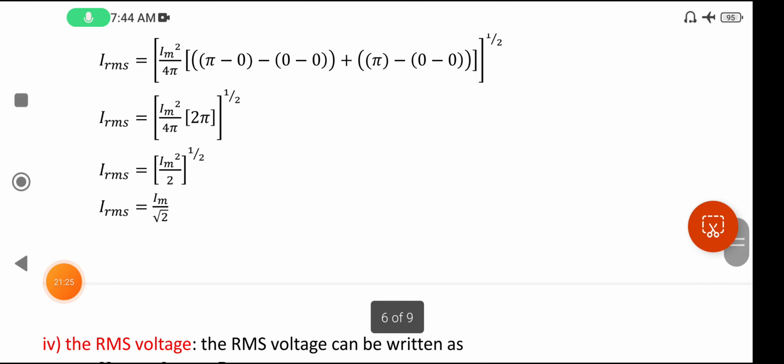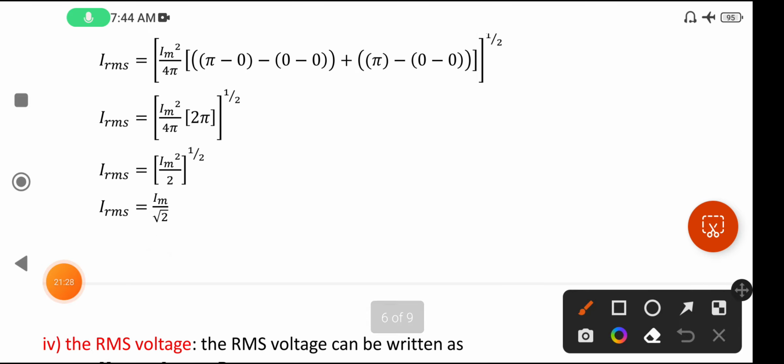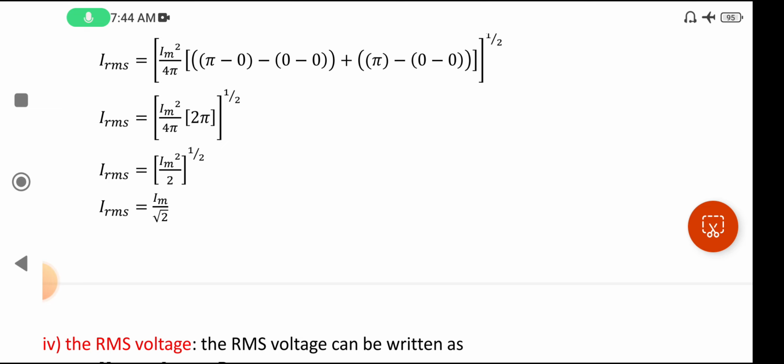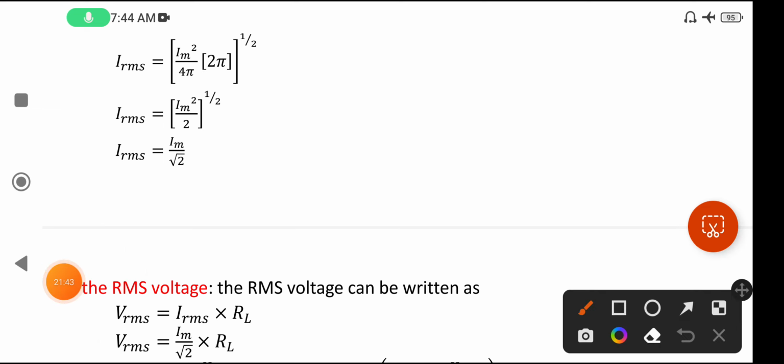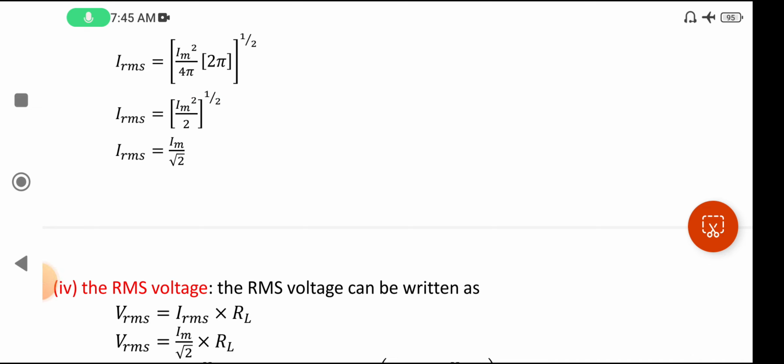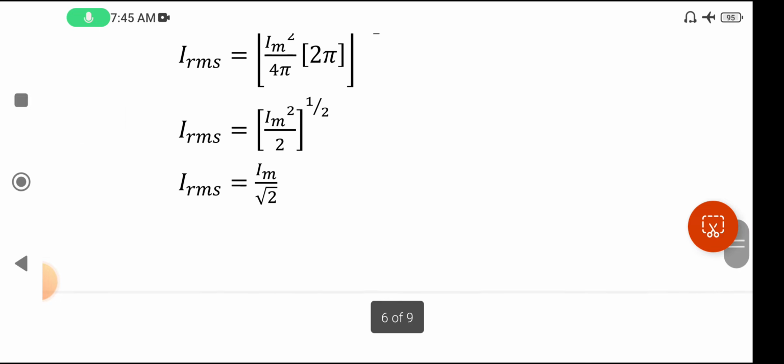Now with the zeros, plus pi, it becomes 2, with power 1 by 2 as it is copied, and pi also gets cancelled. Then the final value, after taking the root, the square cancels, so Im by 2 becomes Im by root 2. Okay, so like this it is the IRMS value.